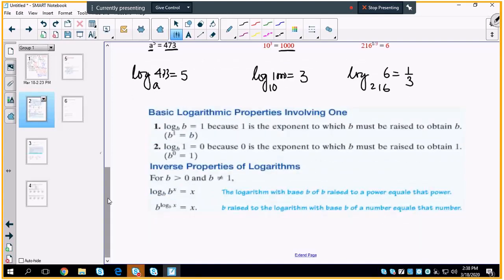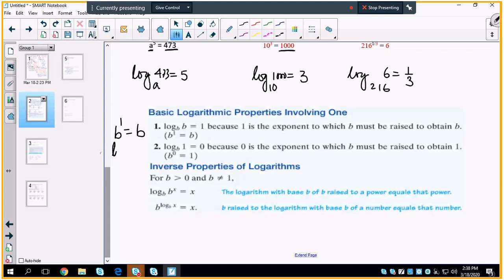Since we have seen a bunch of different properties for exponential functions, there are some that we can use to define properties for logarithmic functions. For example, remember the fact b to the power 1 is always equal to b. That's exponential. Let's write it in terms of logarithmic.